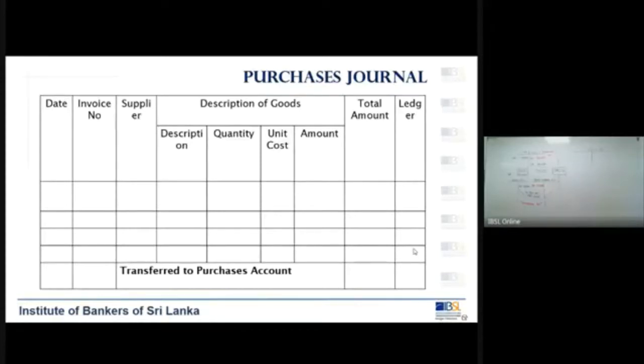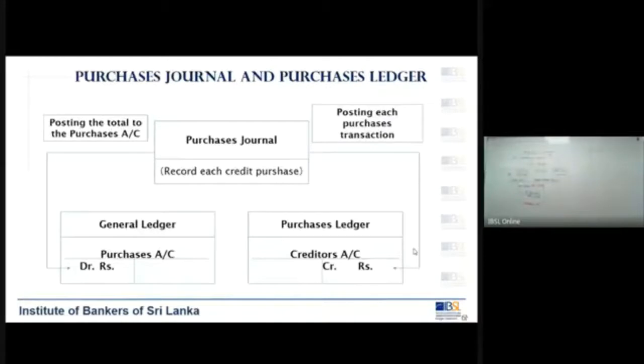Now what happens? At the end of the month, you take the total, and that total you will translate to the purchasers ledger, similar to the sales ledger. Now in the purchasers ledger, what is the double entry?